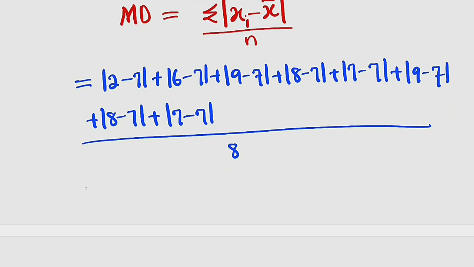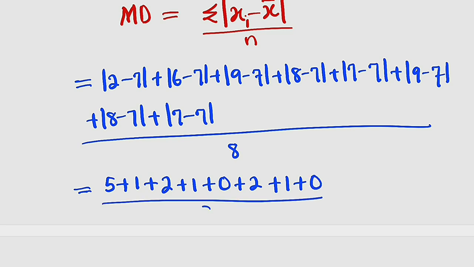All right, this is equal to 2 minus 7 will give us what? Negative 5, but absolute value of negative 5 is 5, plus 6 minus 7 is negative 1, absolute value of negative 1 is 1, plus 9 minus 7 is 2, absolute value of 2 is 2, plus 8 minus 7 is 1, absolute value of 1 is 1, plus 7 minus 7 is 0, absolute value of 0 is 0, plus 9 minus 7 is 2, absolute value of 2 is 2, divide by 8.